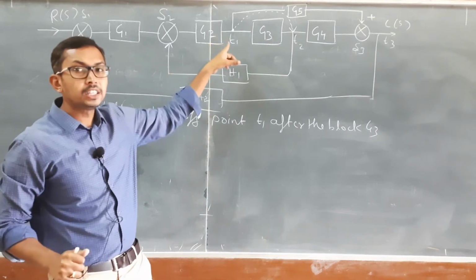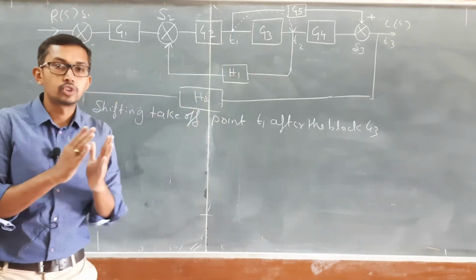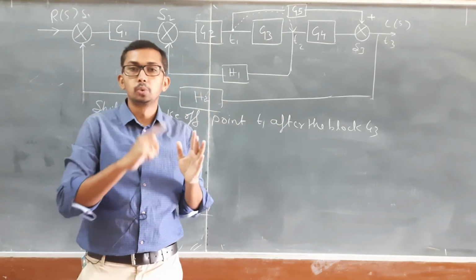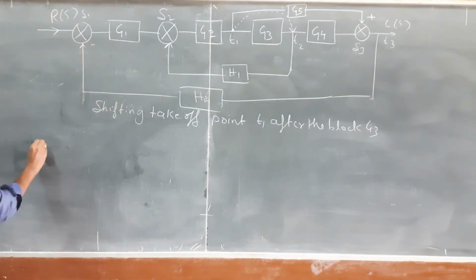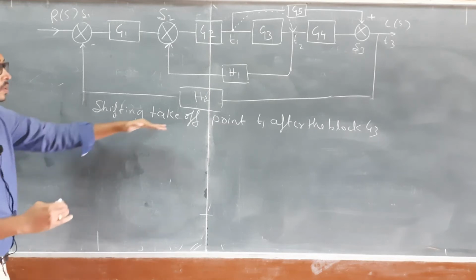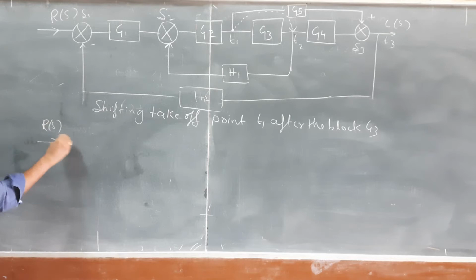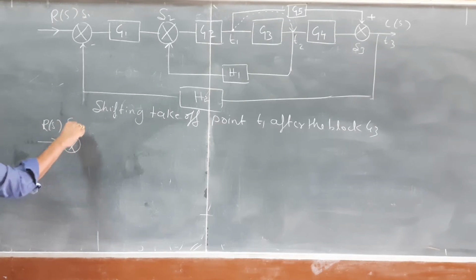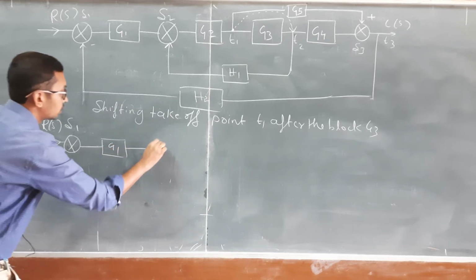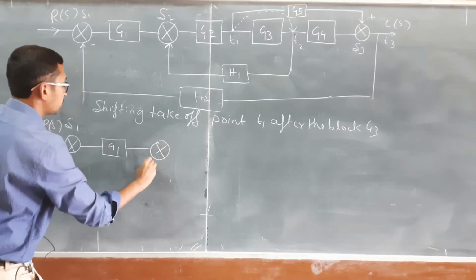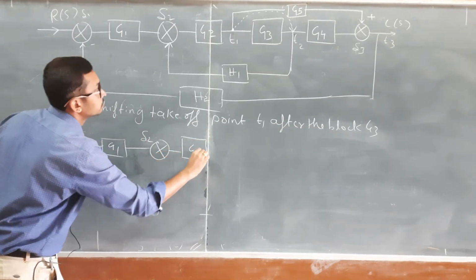So what do I need to do if I shift the takeoff point after the block? We already discussed in the rules, right? So I am going to redraw this block diagram after applying this step. This will be R of S. The summing point will remain the same. This G1 will be the same. Summing point 2 and G2.